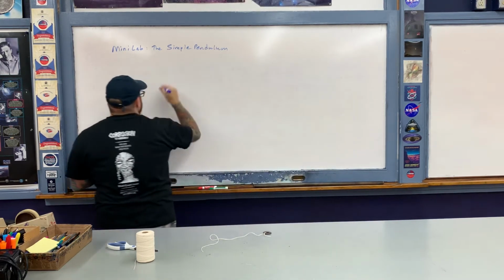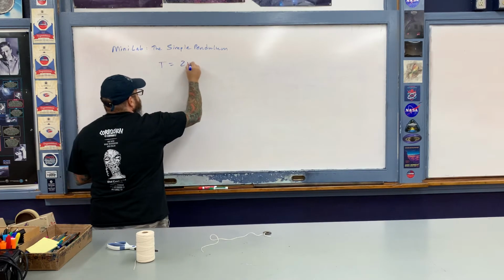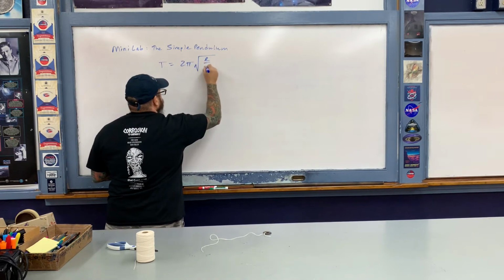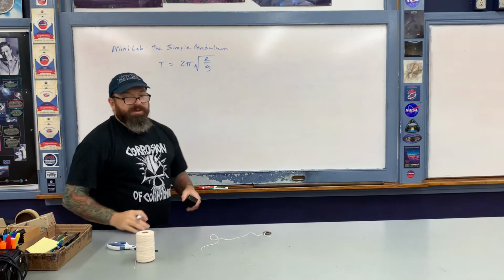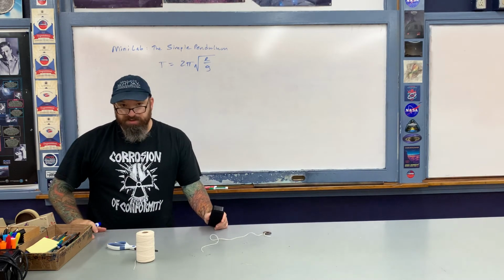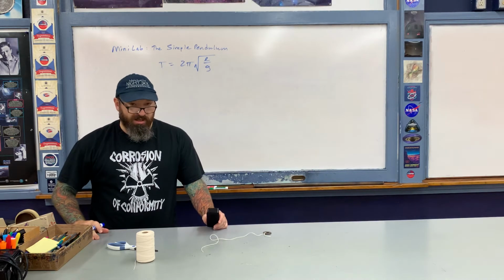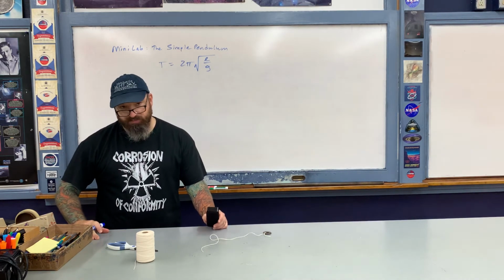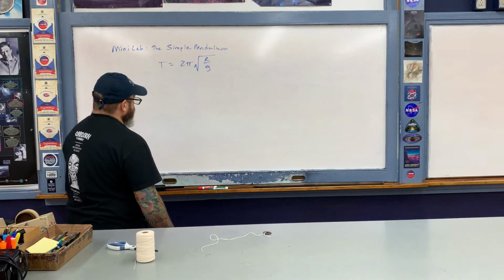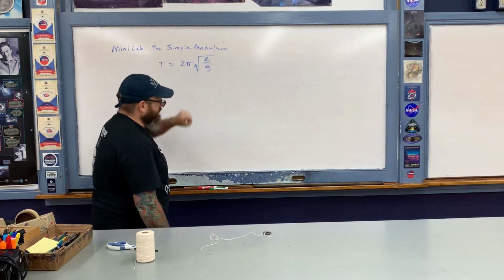Okay, as was described earlier, the period of the oscillation is described by the following expression. Okay, what we're going to do is just a little bit of algebraic manipulation to solve this expression for g. I want you to repeat this small derivation on the mini lab handout in the space provided. So in order to solve for small g, the first thing that we have to do is get rid of the radical sign.